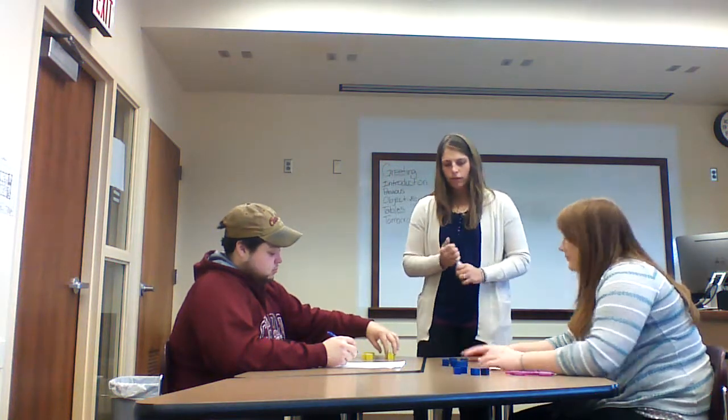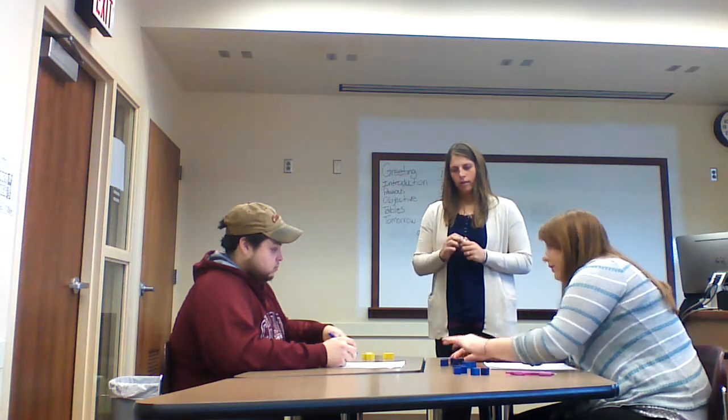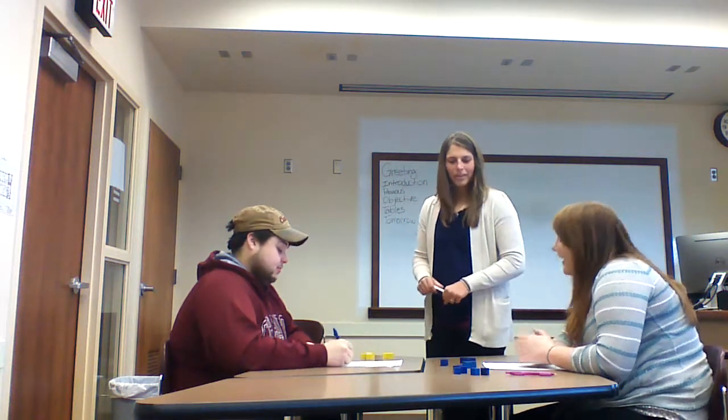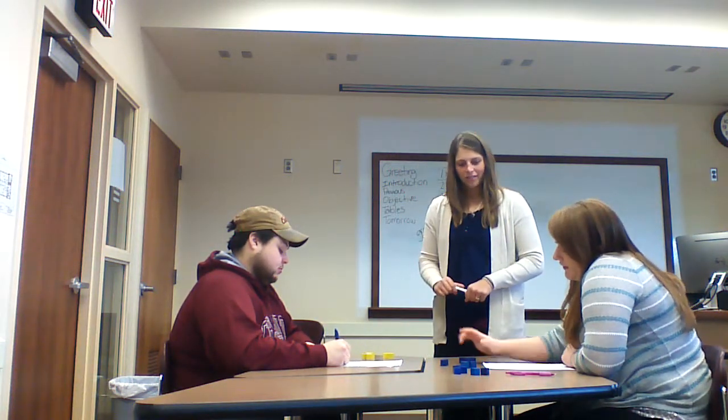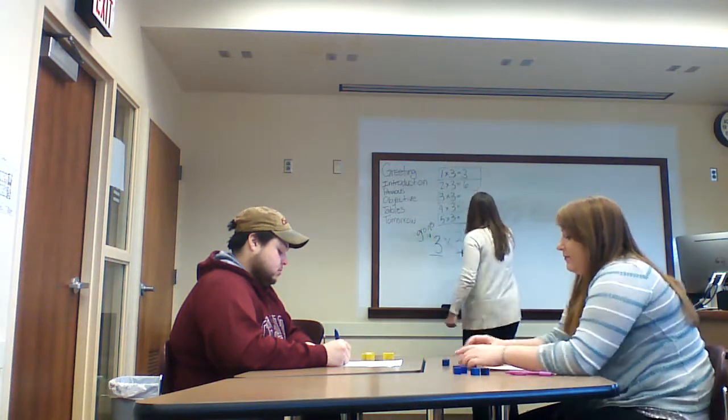All right, now count your blocks up. 9. You got 9? Did you get 9 because you counted or because Dan said? Because I got this. All right, so count them up for me one more time. 1, 2, 3, 4, 5, 6, 7, 8, 9. Perfect. So what's 3 times 3? 9.